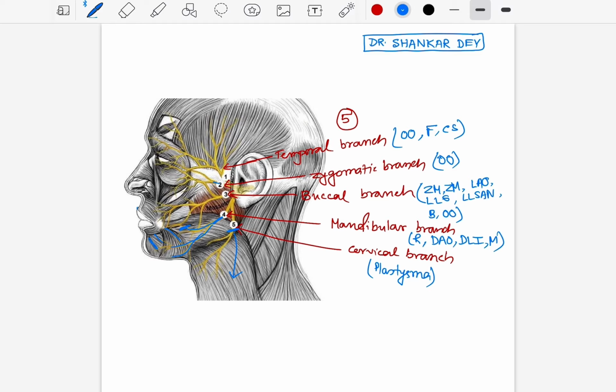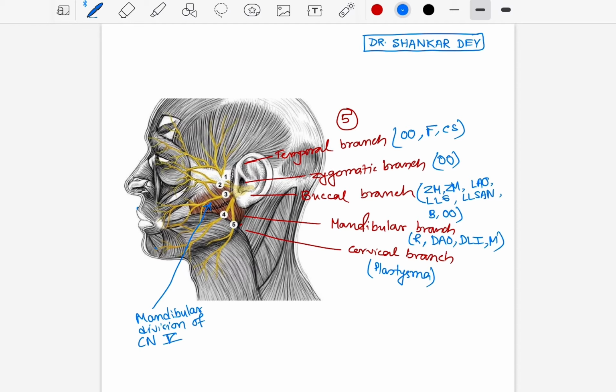And another 2 muscles that I discussed in my previous video are masseter and temporalis. The masseter, a muscle of mastication, is supplied by the mandibular division of the trigeminal nerve, cranial nerve 5.